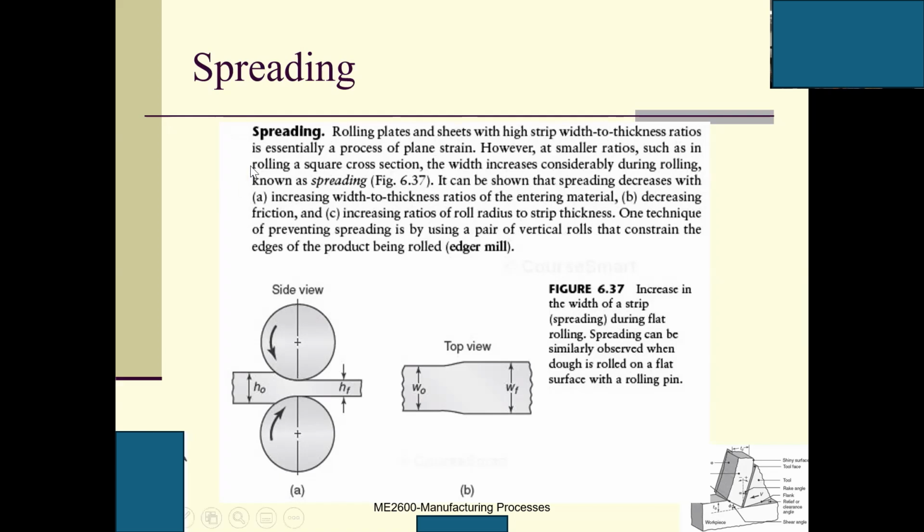Spreading means when you roll a workpiece that is close to square, right? Square means that thickness and width are almost comparable. If this is the case, when you compress it, it will spread in another direction. So this is called spreading. Make sense?